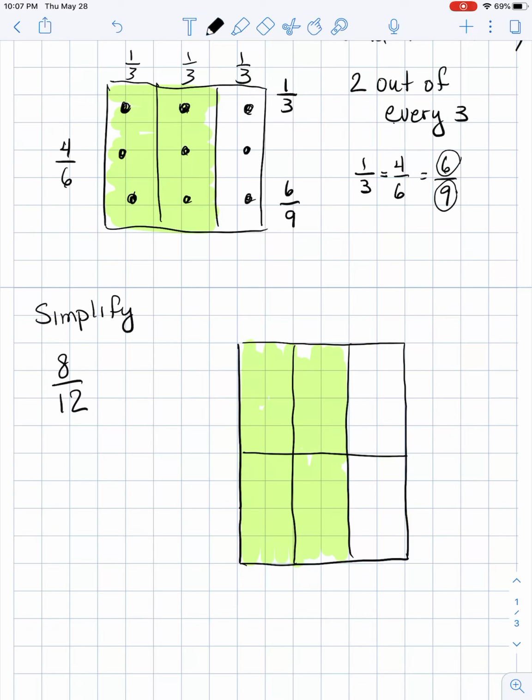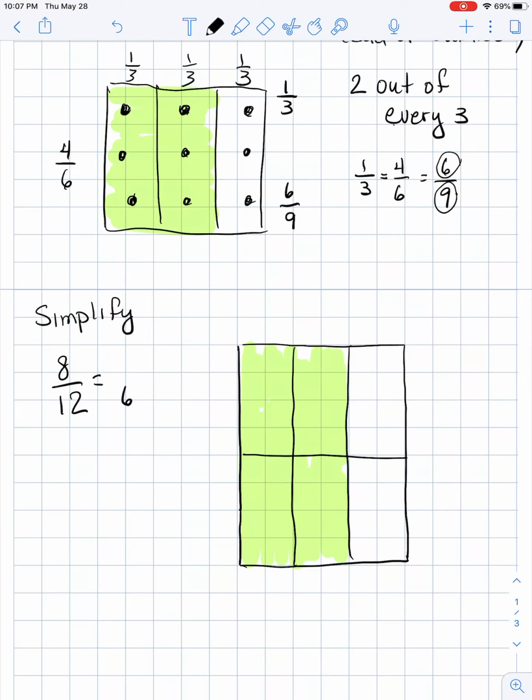I took away 2 of those lines, but remember the amount of shading is still the same, so this 8/12 now becomes what? I have a total of 6 pieces, and you can see that 4 of them are shaded in. But you know what? I can simplify that even more. If I do this, guess what? We're back to 2/3, because now there are only 3 pieces and 2 of them are shaded.